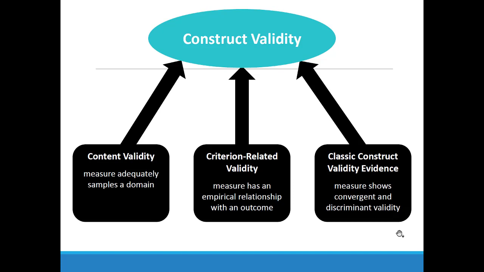And construct validity is showing convergent validity and discriminant validity: does our measure correlate with things we expect it to and not correlate with things that we don't expect it to? One view of validity, and the one that's in your textbook, talks about all three of these as being subdimensions of overall construct validity. So the overall confidence that we have that our construct is valid, that it's measuring what it's supposed to, that it will predict what it's supposed to, and that it relates to other variables like it is supposed to.